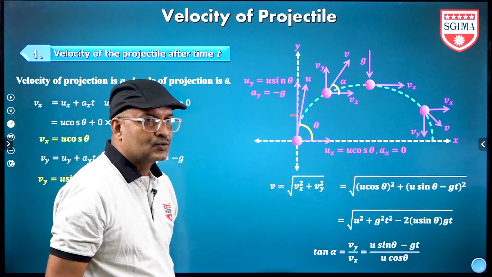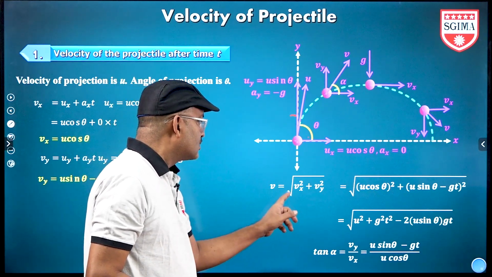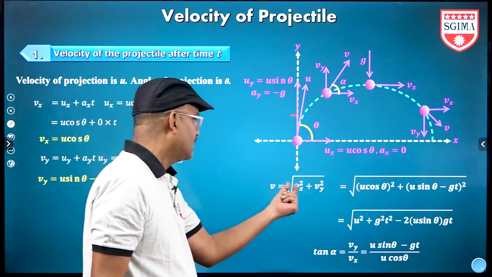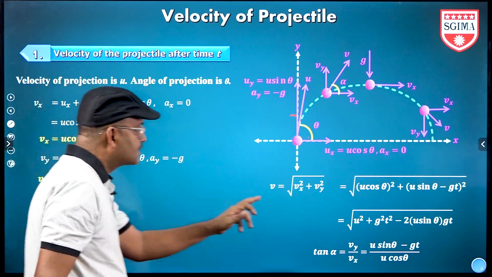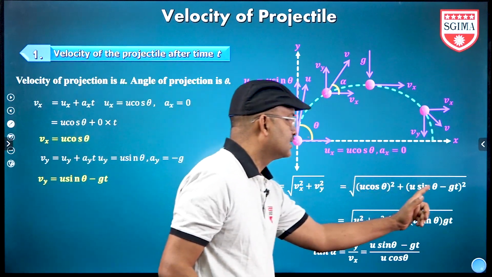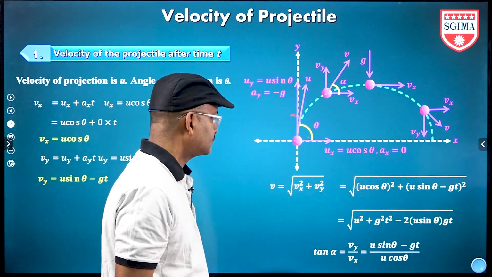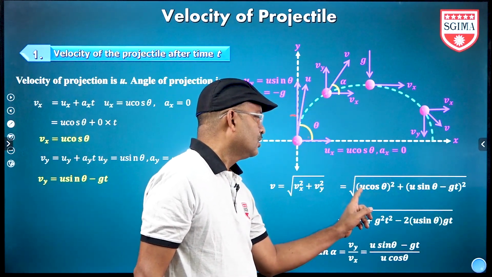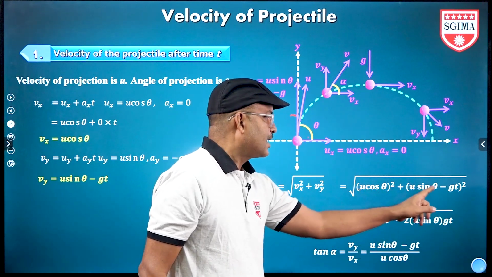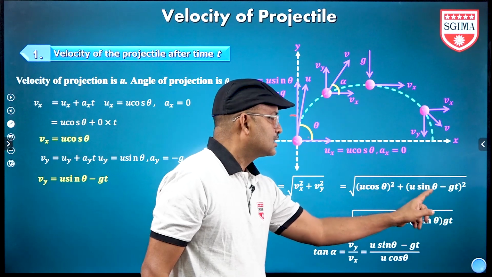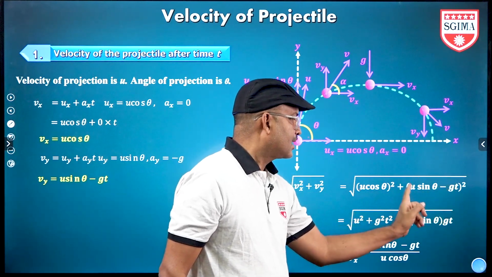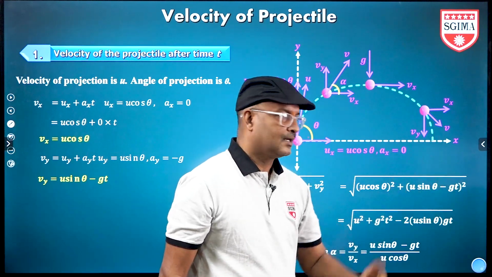If you know the two components of the velocity, you can find the resultant velocity. In vectors, v is equal to the root of Vx square plus Vy square. Vx is u cos theta, Vy is u sin theta minus gt, whole square. Simplifying, u square cos square theta plus u square sin square theta plus g square t square minus 2u sin theta gt.